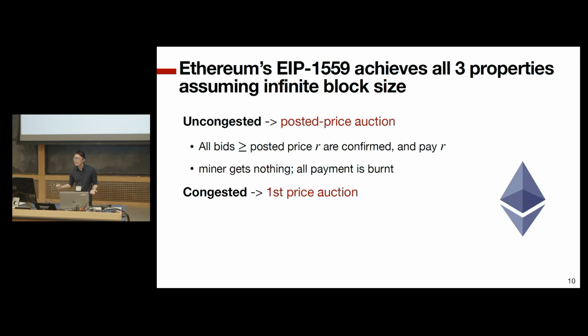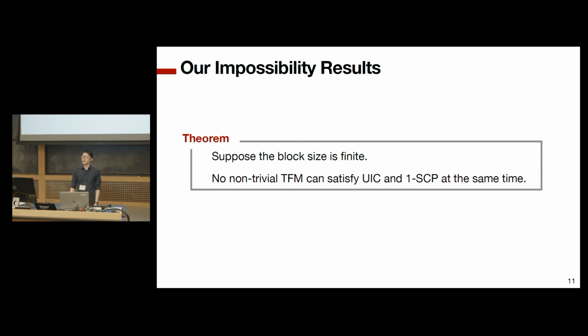So why does EIP-1559 choose this design? And again, go back to our core question: can we have a dream mechanism? Unfortunately, no. In our paper, we show that if the block size is finite, that means the number of items you are going to sell is finite, no non-trivial mechanism can satisfy UIC and 1SCP at the same time.